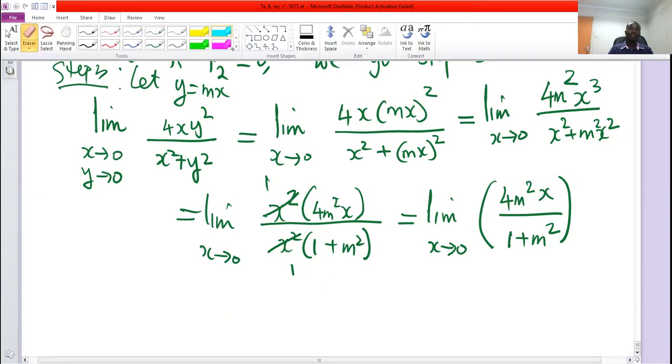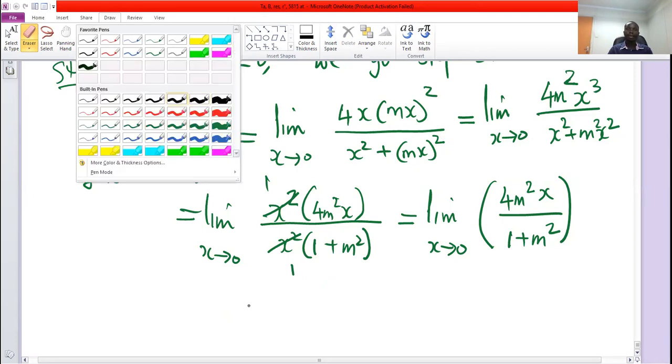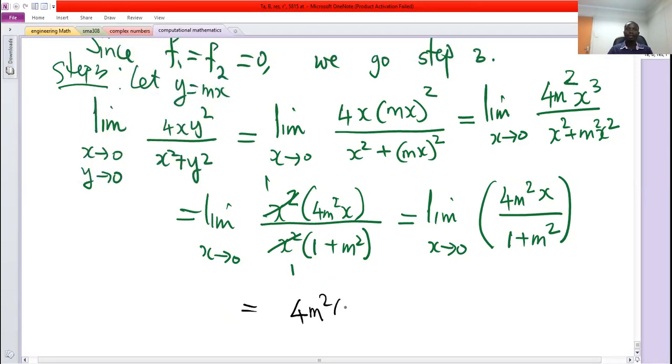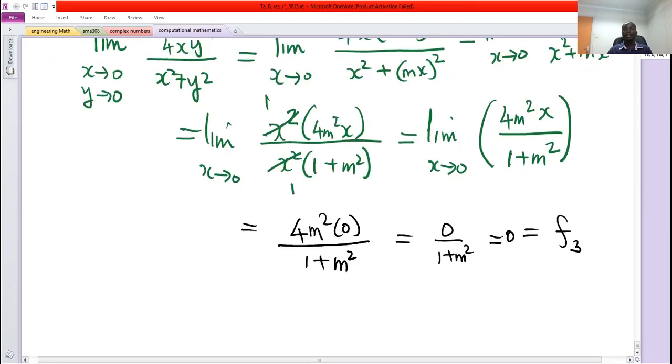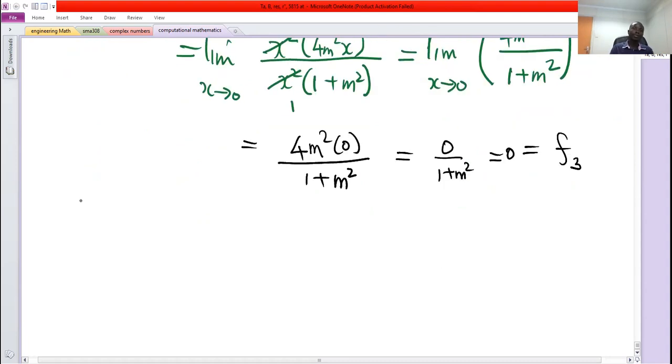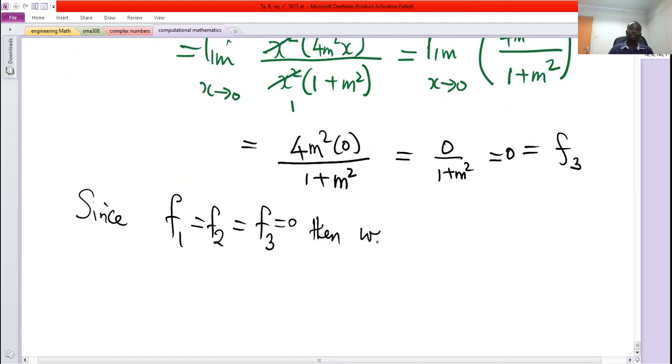So our result would be 4m squared times 0 over 1 plus m squared, which will be 0 over 1 plus m squared, and this will be 0. This is what we call f3. And you can see that f3 is the same as f1 is the same as f2. So we say since f1 equals f2 equals f3 equals 0, then we go to step 4.